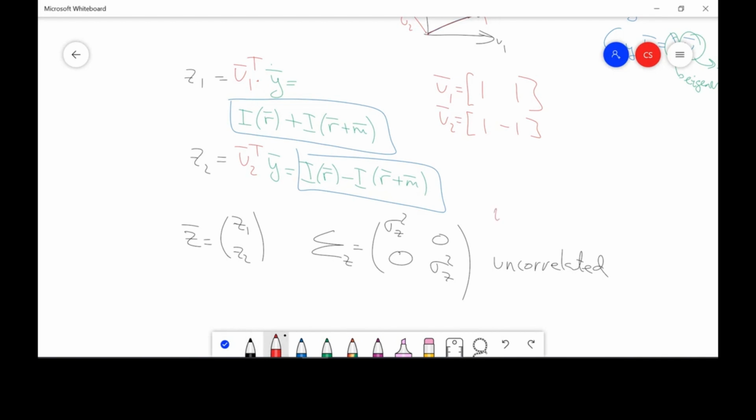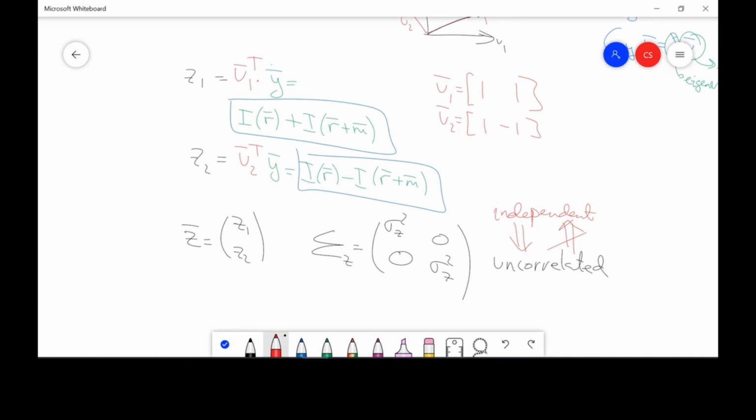The other one is independent. So independence implies uncorrelation, but uncorrelation does not imply independence. Okay, but these two are uncorrelated in general.